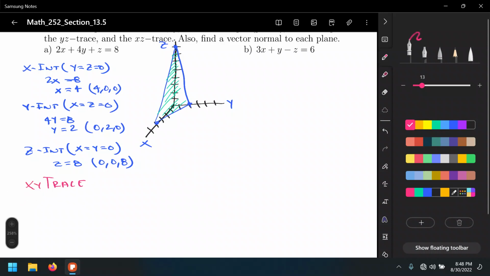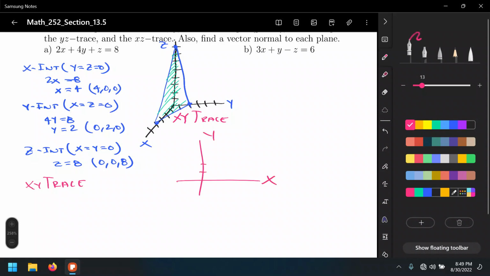All right. As for the traces, the xy trace is a linear equation that goes in the xy plane. Suppose we were in bird's eye view right here, we would see this x and y.